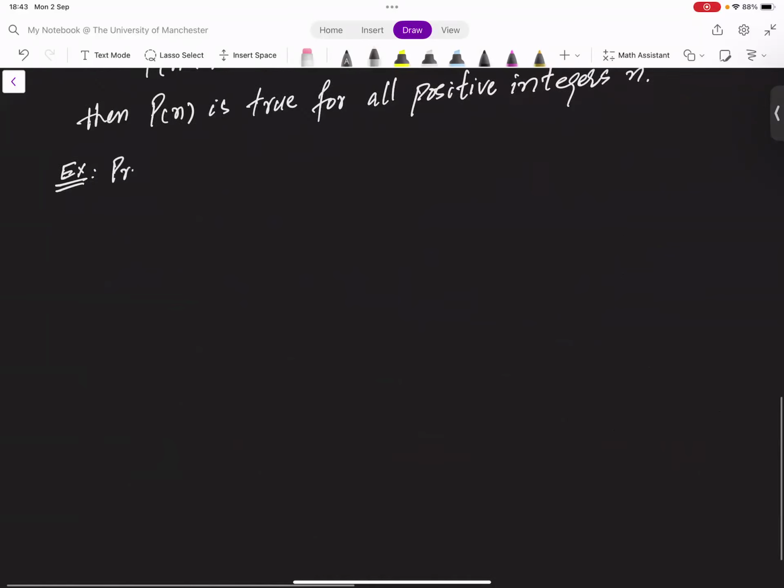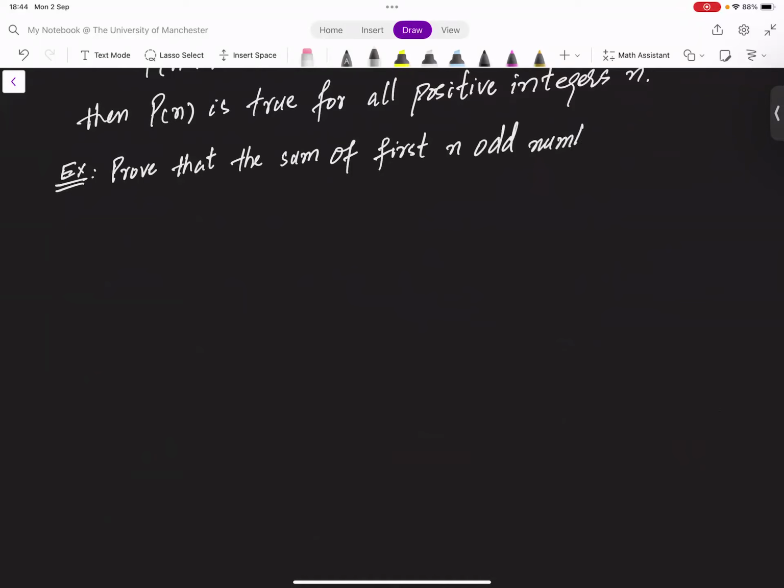Prove that the sum of the first n odd numbers is n square. So we have this statement.